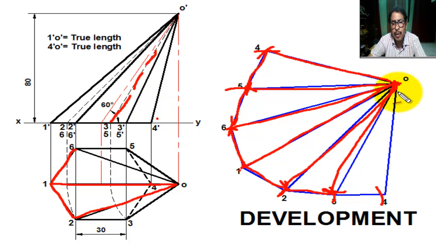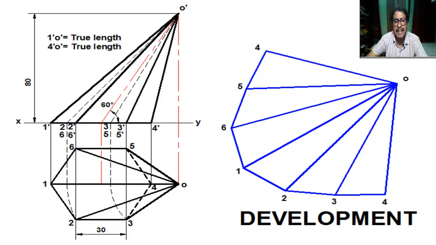With pencil compass, draw the arc, join this and join this. This is the development of the hexagonal pyramid, oblique pyramid.